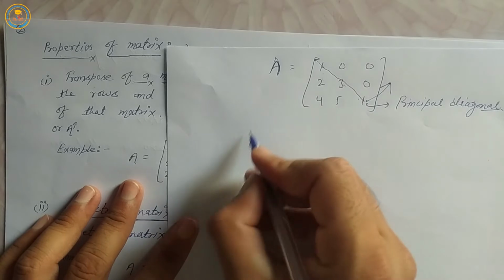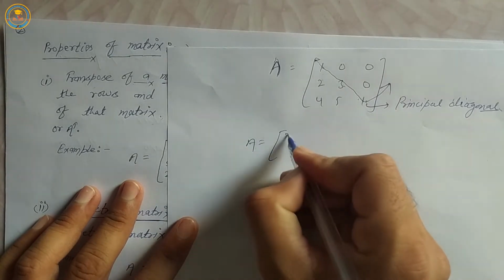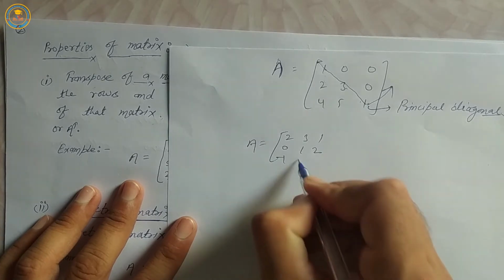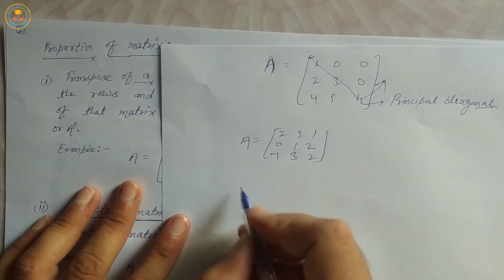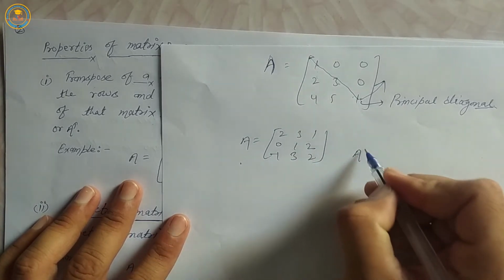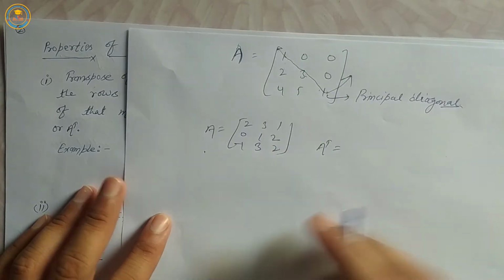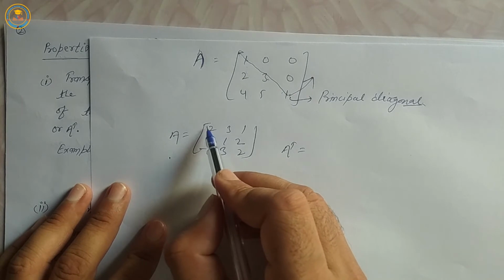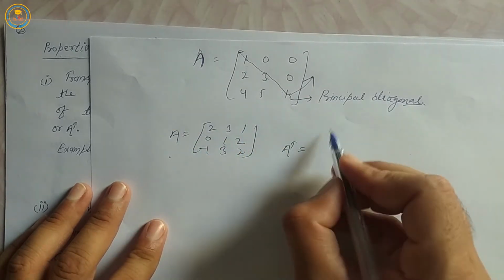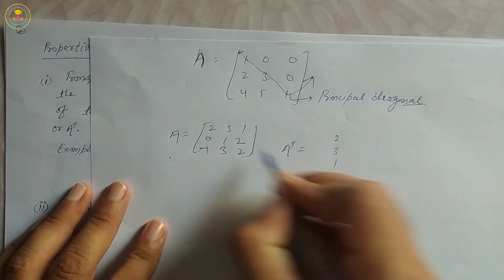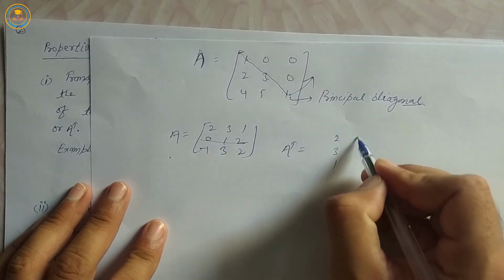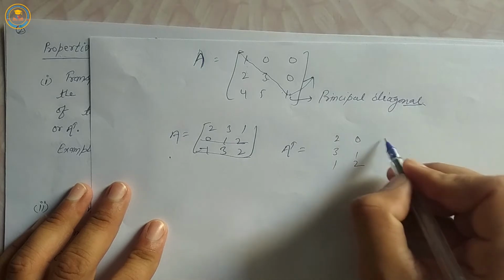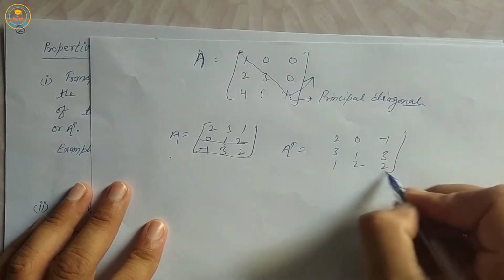Another example: A is equal to 2, 3, 4, 1, 0, 1, 2, minus 1, 3, 2. Matrix A transpose is obtained by interchanging rows and columns.